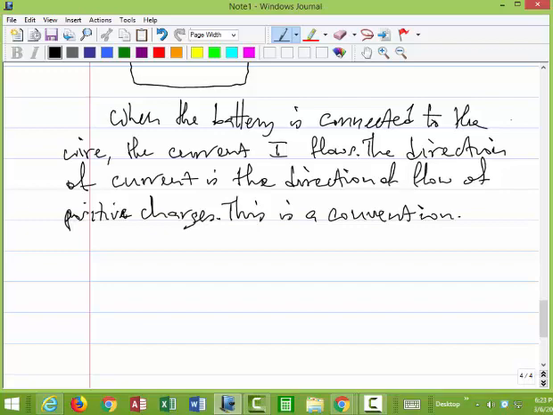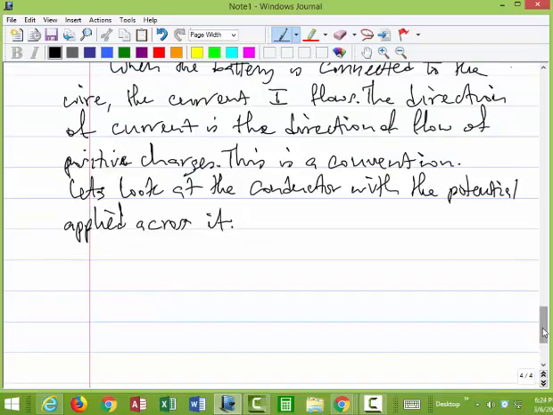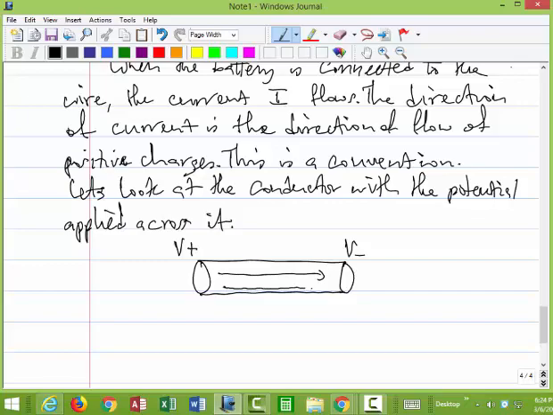And so let's look at it again. So we look at our conductor again. So I'll say that let's look at the conductor with the potential applied across it. So I'll take this conductor again, and if we apply potential across it, then this is positive V, negative V, so the electric field flows through the conductor in this direction.